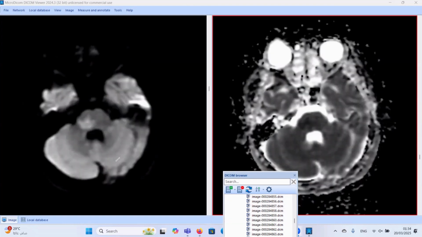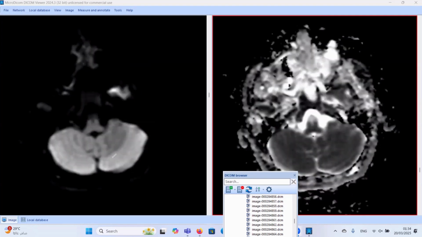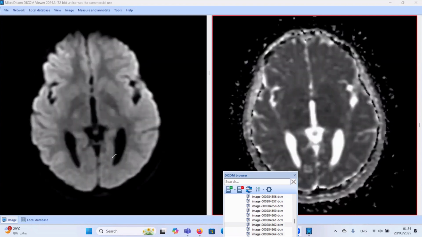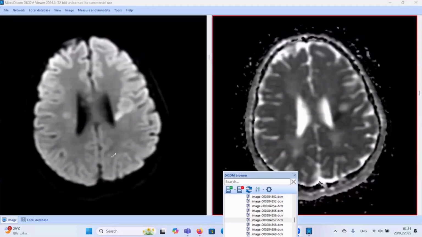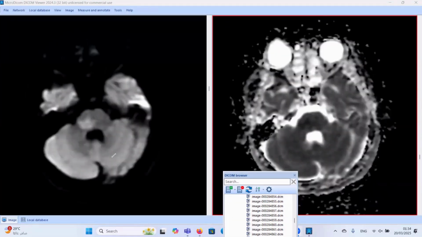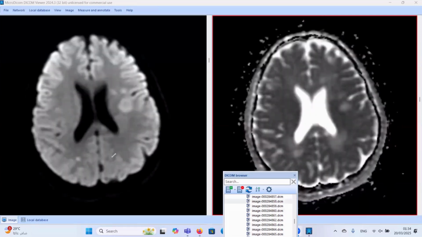Also, the pontine lesion shows evidence of diffusion restriction. So we have almost 2 lesions showing diffusion restriction. Otherwise, the rest of the lesions don't show significant diffusion restriction.